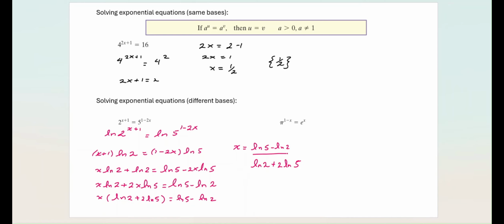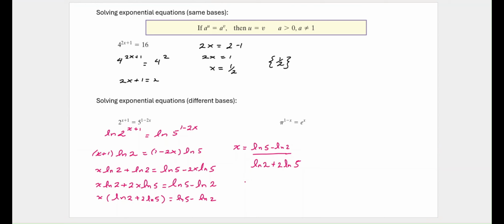And this is what is called the exact solution of the exponential equation. If now you want to find the approximate solution, then you will have to evaluate all these logarithmic expressions.